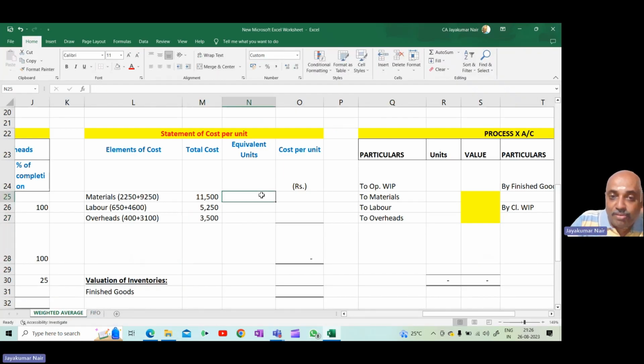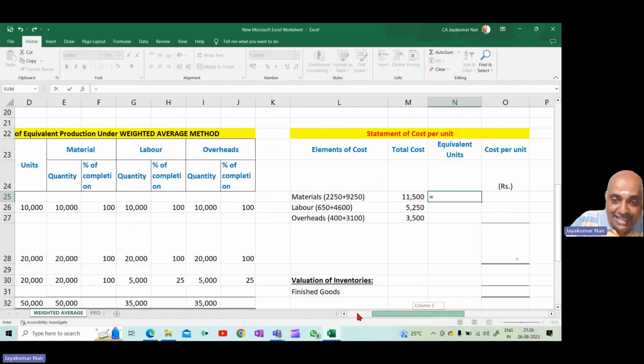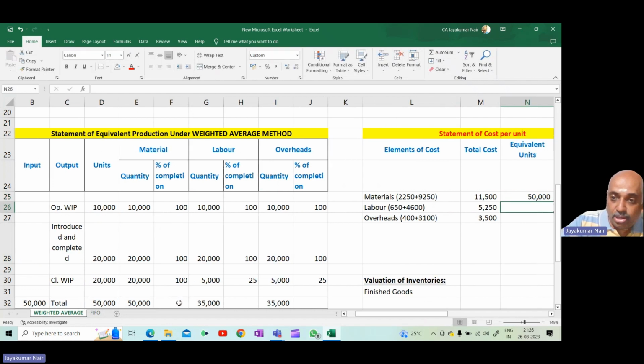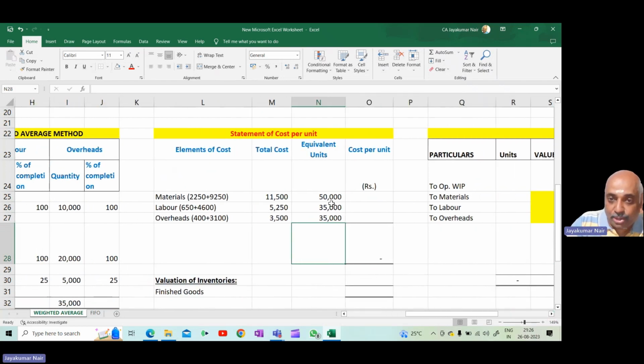And what is your equivalent production? Go to the statement of equivalent production and see what is the equivalent units of material produced. What is the equivalent labor units? And here, what is the equivalent production for overheads?